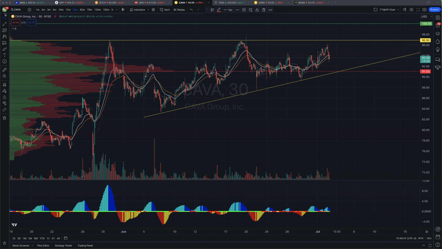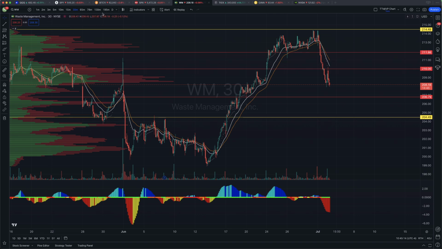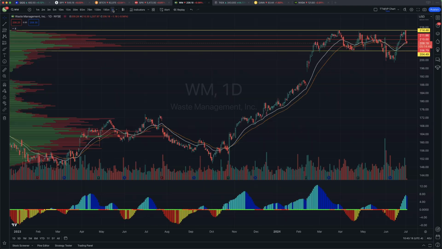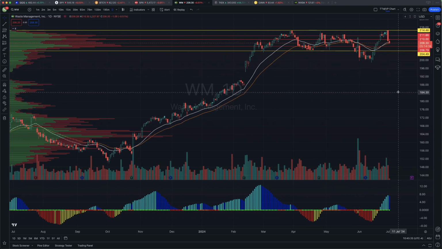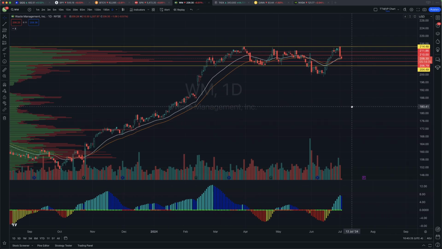So the other one that is taking heat is WM. Right, this one's taking heat today. But if you're playing this daily chart, it's still well intact.